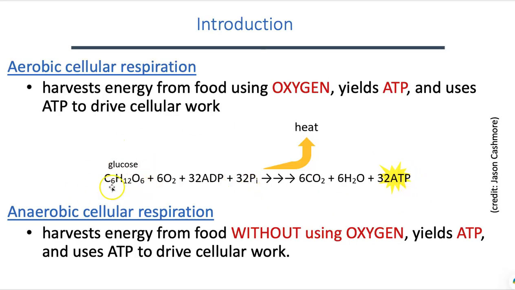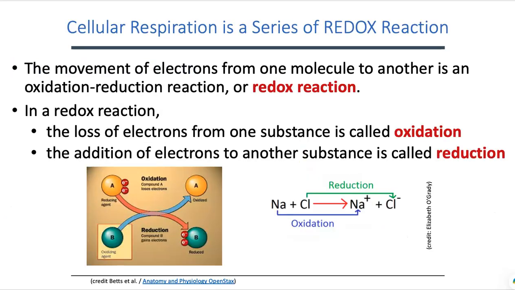The way that we break that glucose down is through a series of what are called redox reactions. Redox reactions are those reactions that result in some molecules losing electrons while other molecules gain electrons.